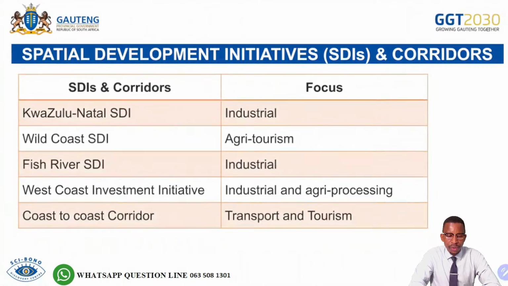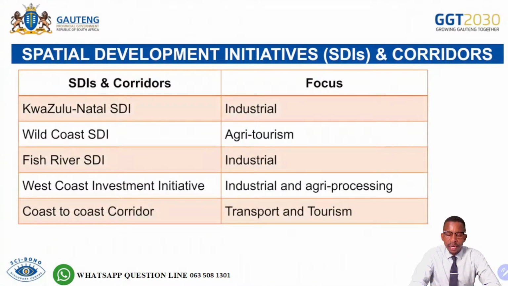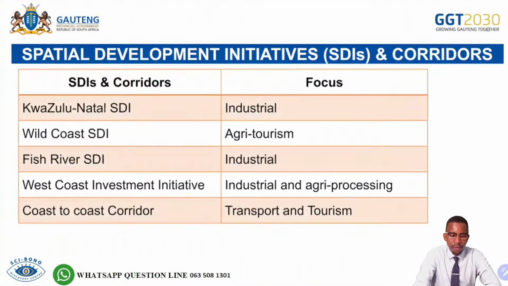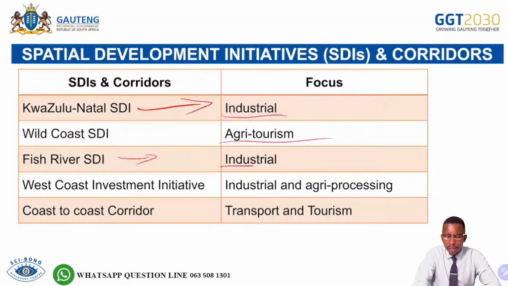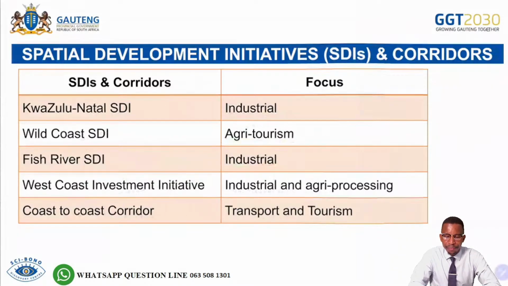And then we continue. The SDIs and corridors in South Africa: we have the KwaZulu-Natal SDI, Wild Coast SDI, Fish River SDI, West Coast Investment Initiative, Coast to Coast SDI. The one in KwaZulu-Natal focuses on industrial, Wild Coast on agri-tourism, Fish River on industrial, West Coast Investment on industrial and agri-processing, and the Coast to Coast Corridor on transport and tourism.